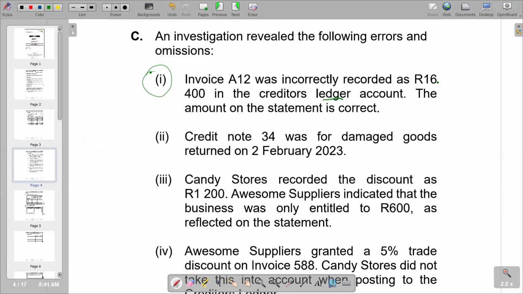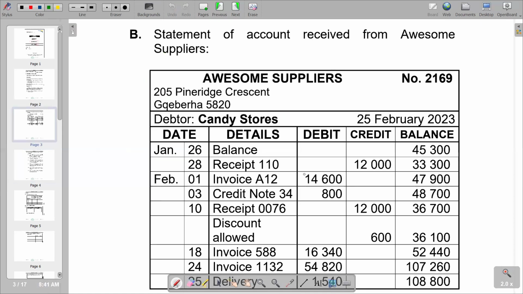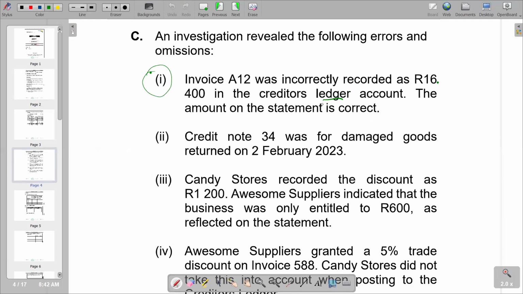We try to check the correct amount on the statement. Is it greater or lesser than 16,400? If you refer back there, you'd see that the correct amount is 14,600, which is a smaller figure than the amount that was entered in the creditors ledger.